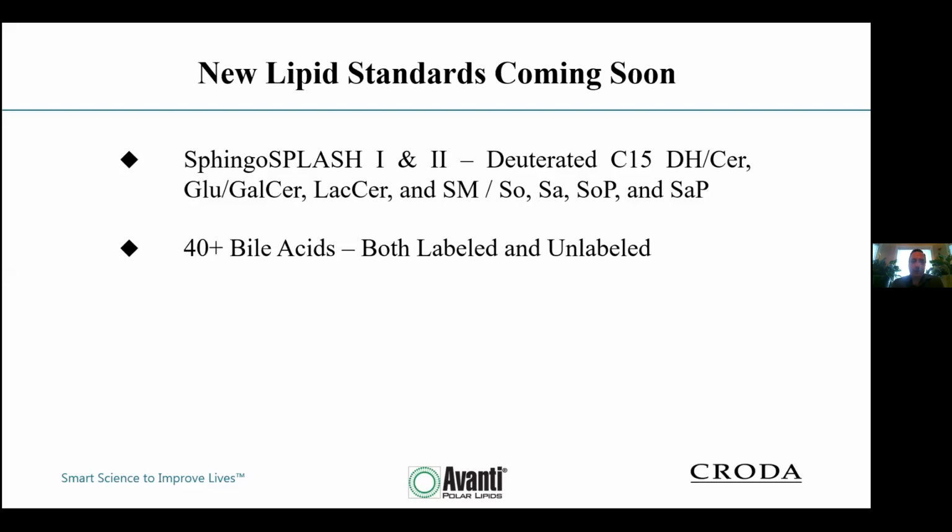And here's the one I was alluding to earlier. Xiangrong has made approximately 40 or more bile acids. These are both labeled and unlabeled. He has the glycoforms, he has the tauro forms, as well as the other different isomers.